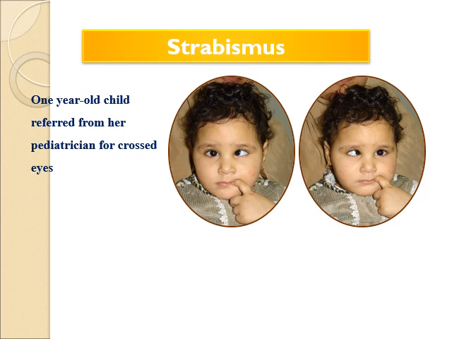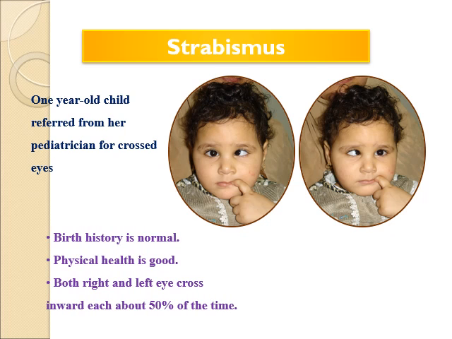This 1-year-old child was referred from the pediatrician for crossed eye, as you can see in her photos. Her birth history is normal, physical health is good, and both right and left eye cross inward, each one of them about 50% of the time.